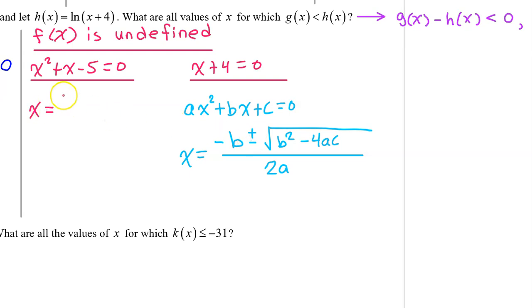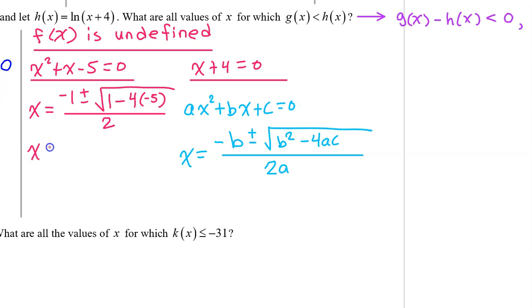X will equal the opposite of b, so negative 1, plus or minus the square root of b squared, and b is 1, so that's going to just be 1 squared, which is 1, minus 4ac, so minus 4 times 1, which I won't write, times c, which is negative 5. All over 2a, that's 2 times 1, which is just 2.